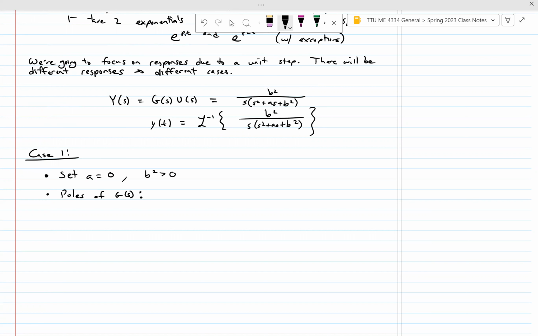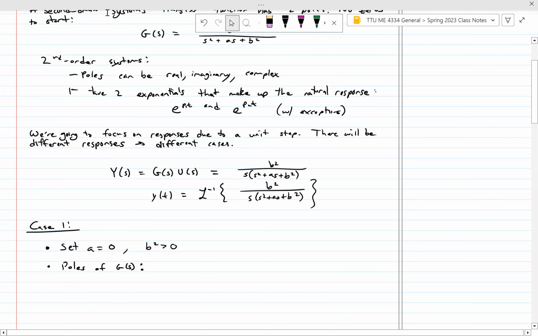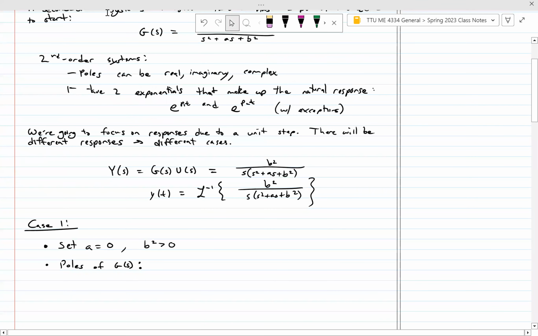So how do we get our poles of G(s)? What are they in this case, with A equal to 0, B squared greater than 0? What do we need to get first to get the poles? Characteristic equation, right?